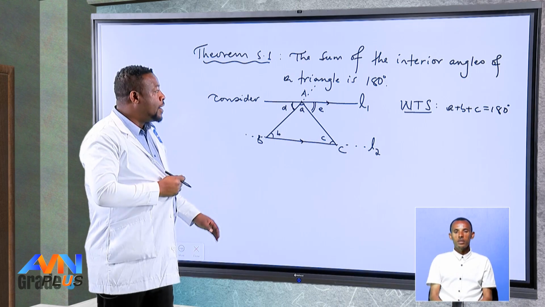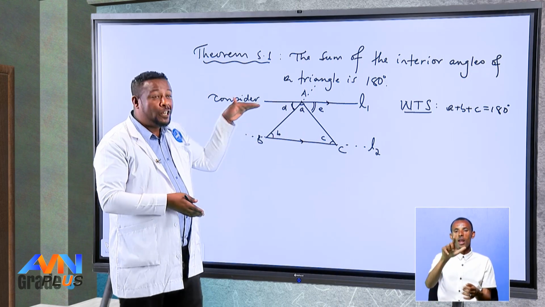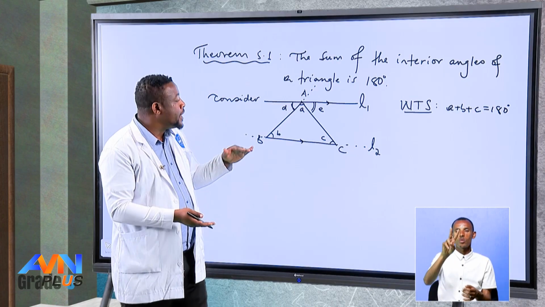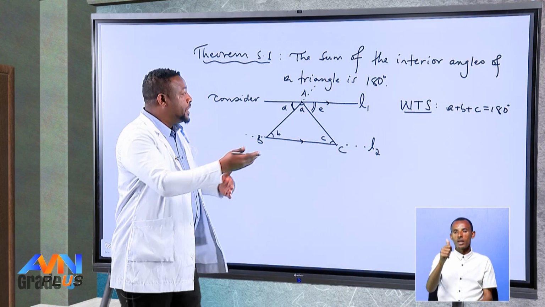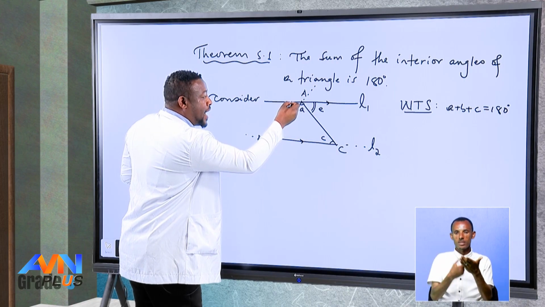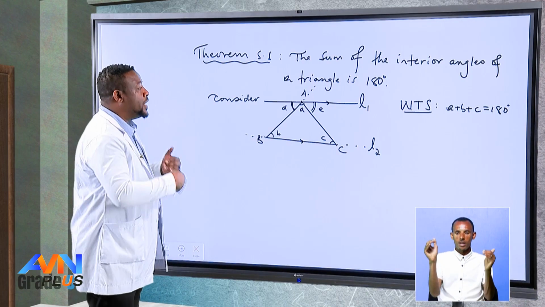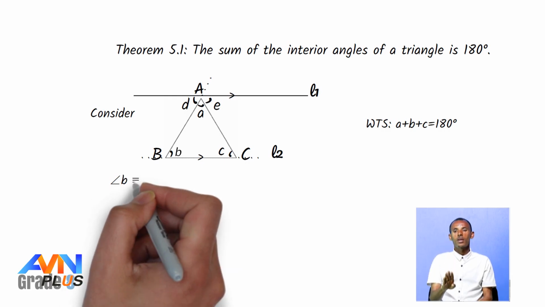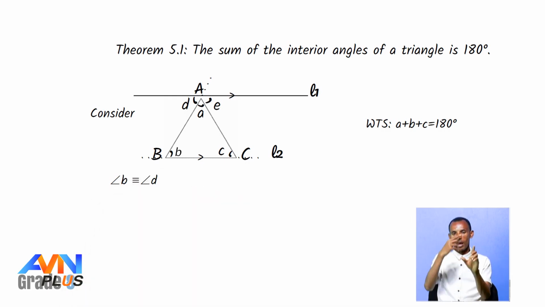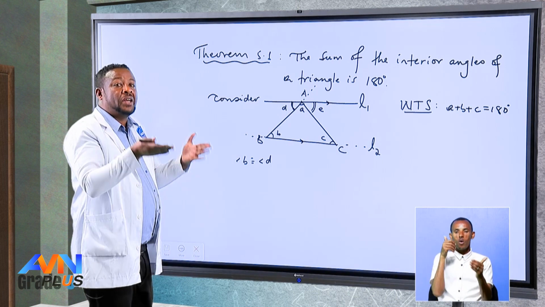If you consider L1 and L2 as parallel lines and BA as a transversal, this angle D and angle B are the same, right? So angle B is congruent to angle D. These two are congruent by alternate interior angles.